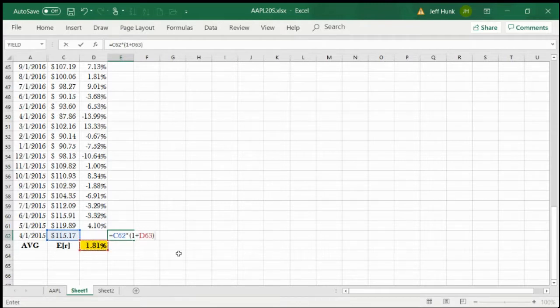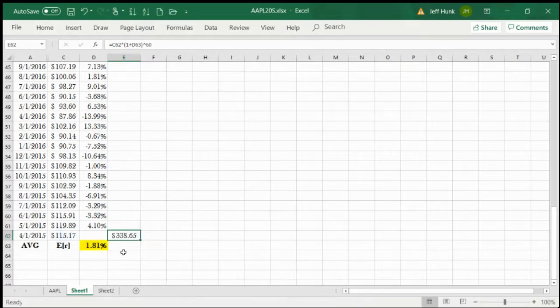Think about it. Annually, the annual return will be 1 plus this raised to 12. That would be annual, isn't that right? And then over 60 months, if you compound it, raise it to 60, this is what we would expect.